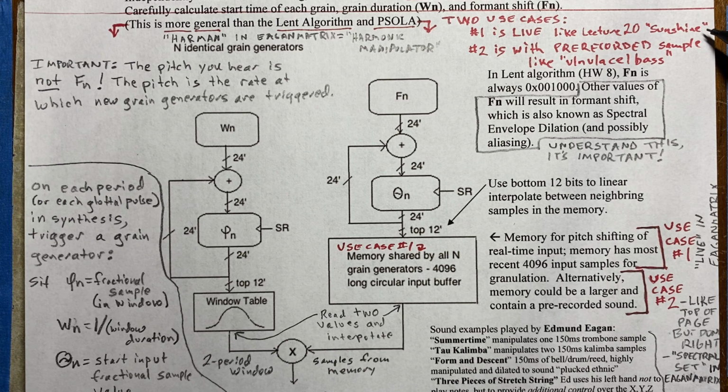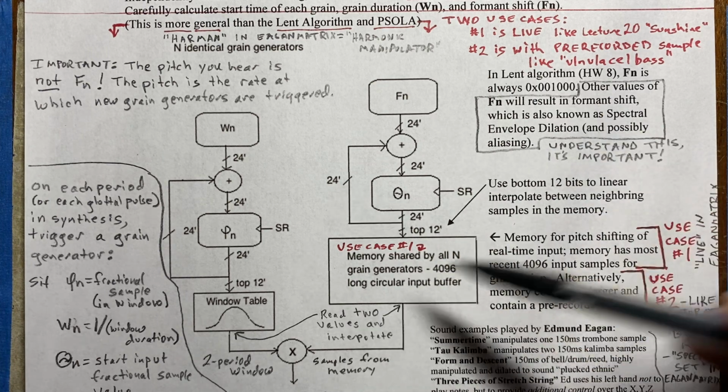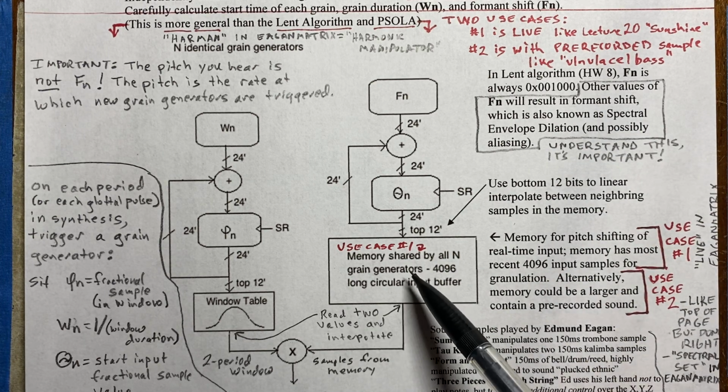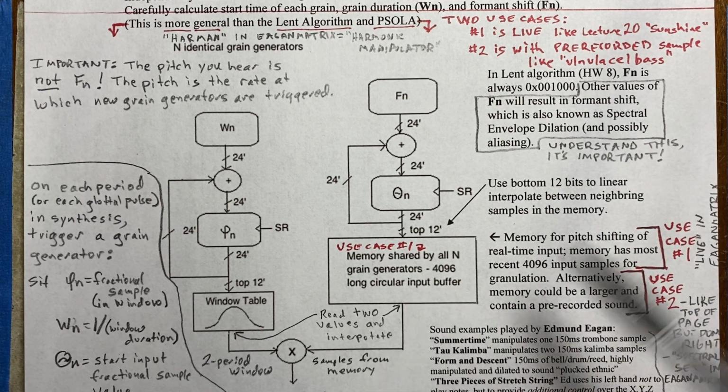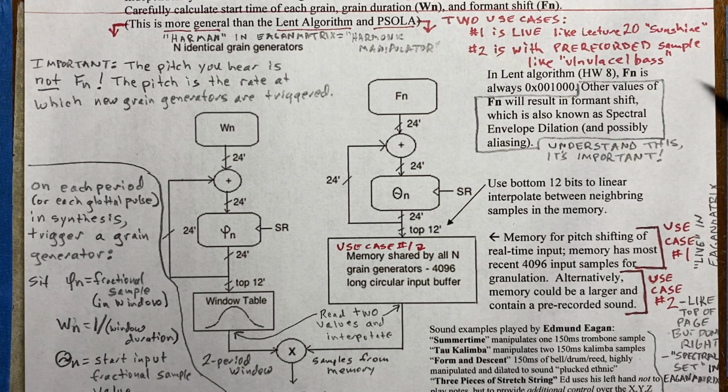Last lecture, in lecture 20, the You Are My Sunshine was done in that sense. And you'll see in here there are some minor variations of the structure depending on which one you're doing. In particular, what's in this memory varies.